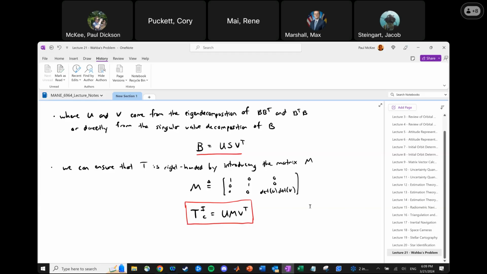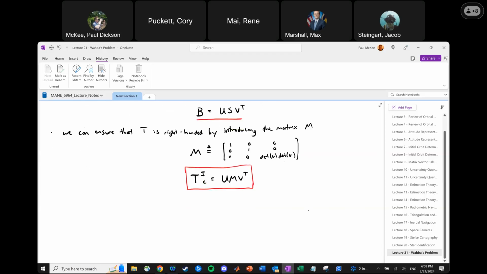Or you could use another method, which involves solving for the quaternion directly, sometimes referred to as the Davenport method.